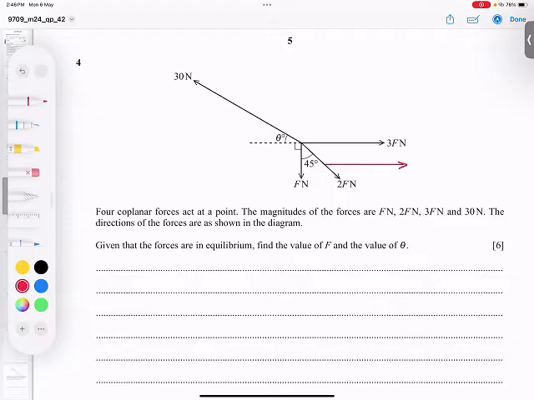Another question students ask me on a regular basis: how do we know which is cos? It depends upon the given angle. In this question, he tests your knowledge. This is 45, and where the angle is given, that force is always the cos component, 2F cos 45. Which is the angle? Look, the angle is given here, so cos. The angle is not given here, so it's a sine. This is the best way to understand sine 45.